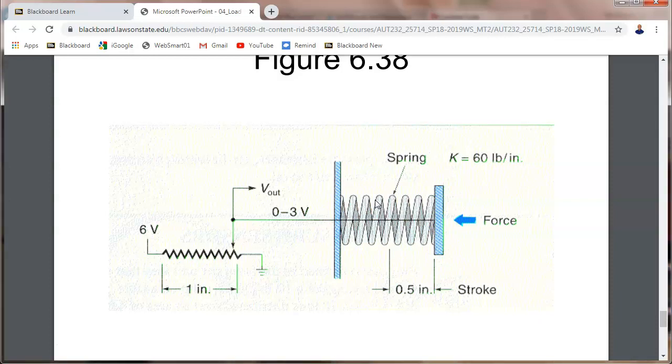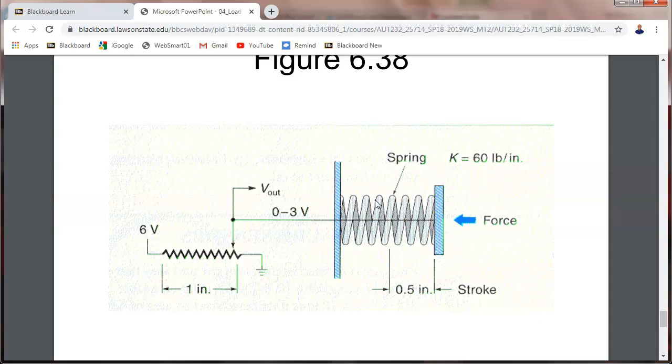So what would be my transfer function from 0 to 6 volts? We got 1 inch. So what would be my transfer function? So we're getting volts out. That's not right. Yeah, that would be 1 volt per inch.